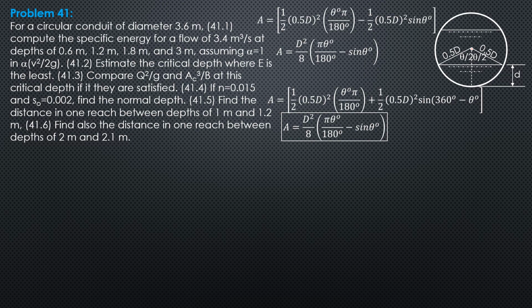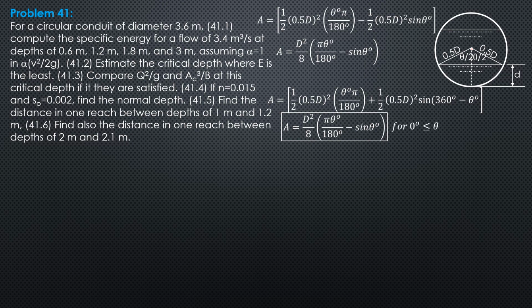Sine 360 is 0 times cosine of theta, so 0 minus cosine of 360, which is 1, times sine of theta. So it's still negative sine of theta. So the formula will not change. It's still the same, even if the depth of flow goes beyond half the diameter. So this is applicable for all situations.